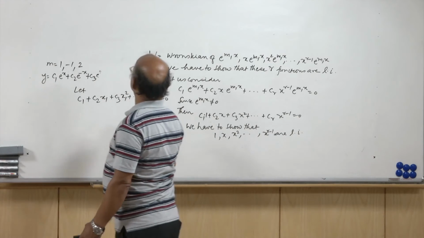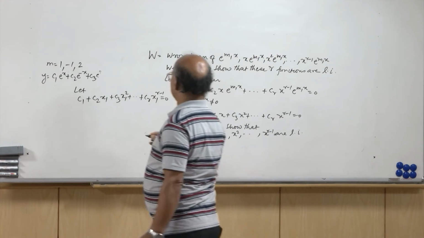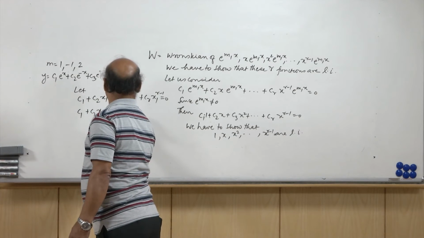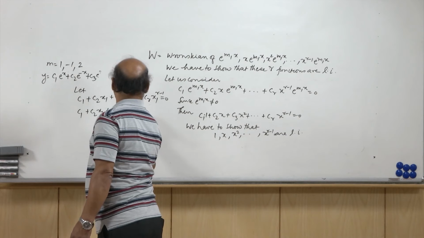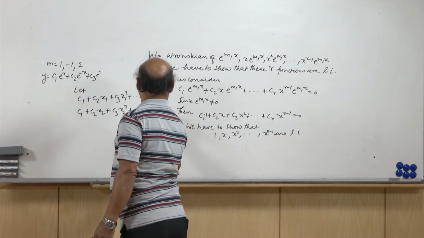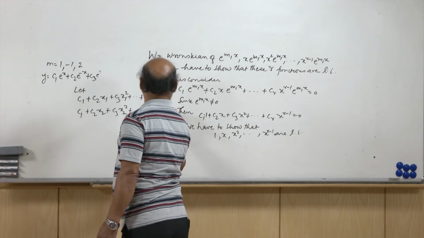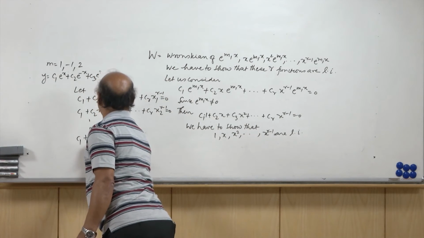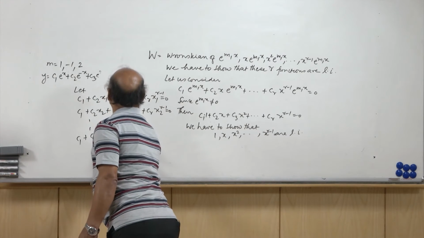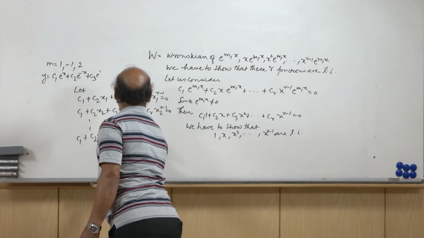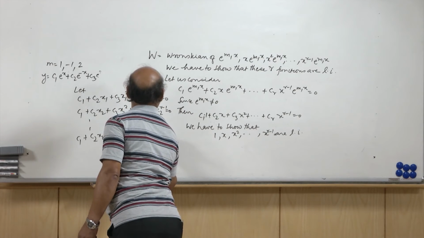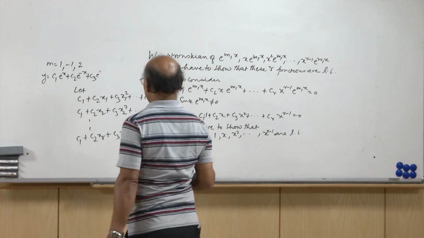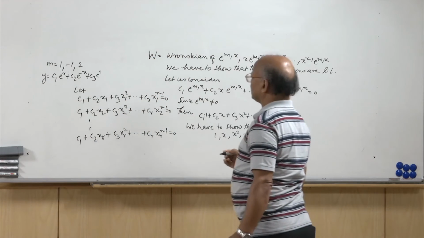Similarly, C1 plus C2 x2 plus C3 x2 square and so on, Cr x2 to the power r minus 1 equal to 0, and so on, up to C1 plus C2 xr plus C3 xr square and so on, Cr xr to the power r minus 1 equal to 0. This is a homogeneous system of linear equations.